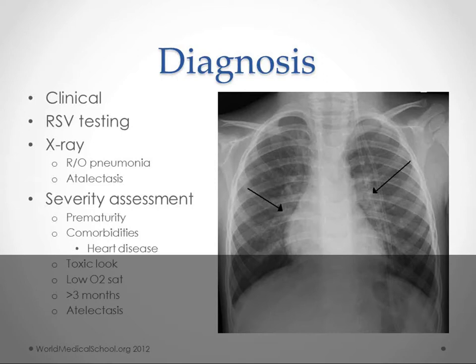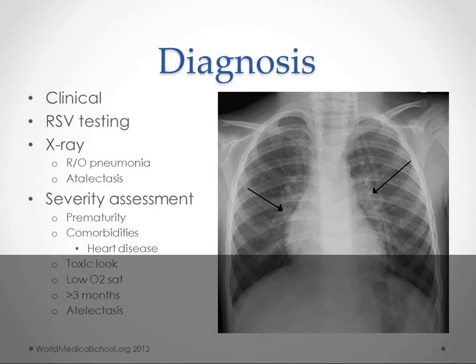But once we get our X-ray, we might notice that we have atelectasis, and that will help us to determine how severe this bronchiolitis is. When we're talking about severity, this is going to be a big factor in how we treat it. If the baby is premature, if they have comorbidities including heart disease, especially immunodeficiency disorders, that's going to make this a severe case.